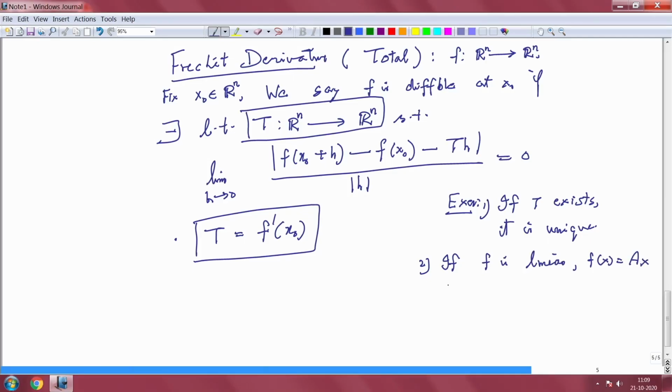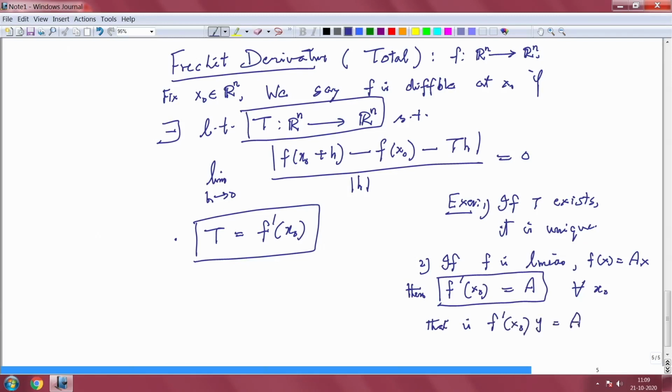Then you can easily see that f prime at x naught is A, which is a linear transformation, so it is a matrix, for all x naught. That is, f prime of x naught acting at y is equal to A y. That is the meaning of it.